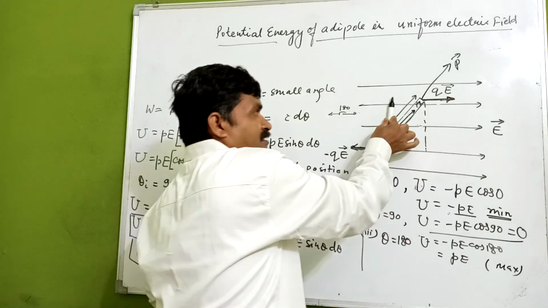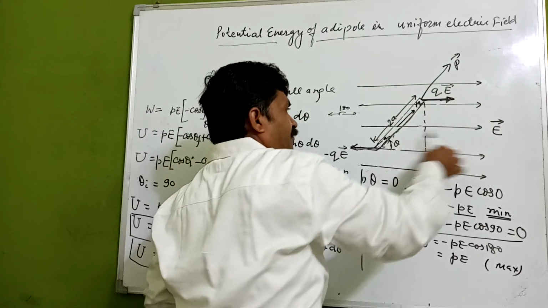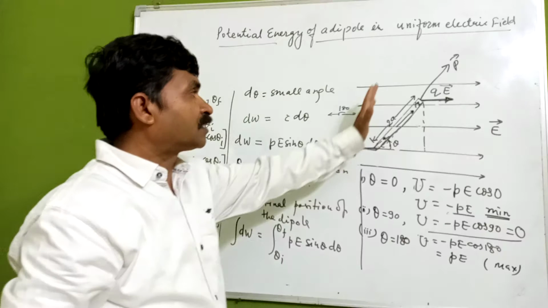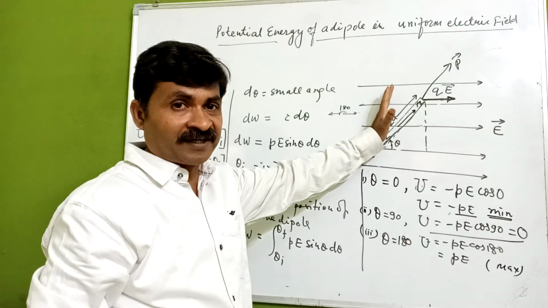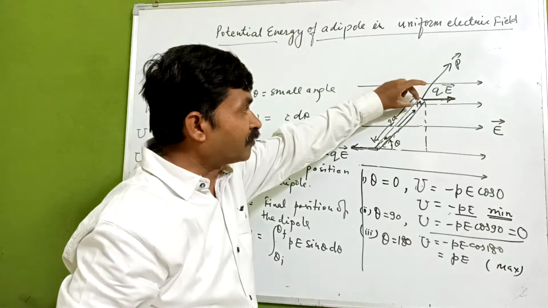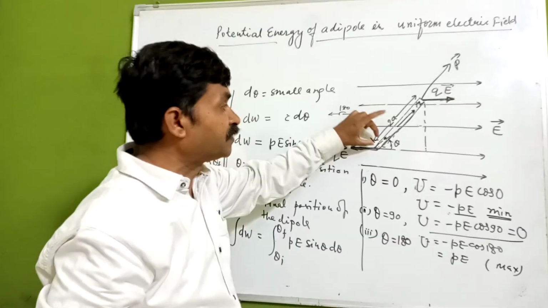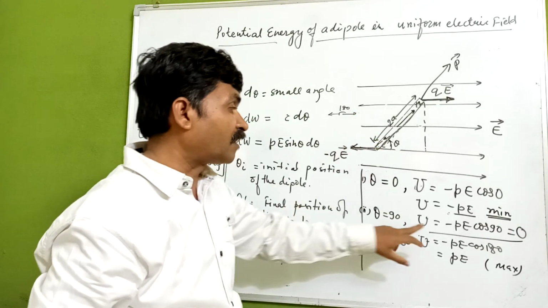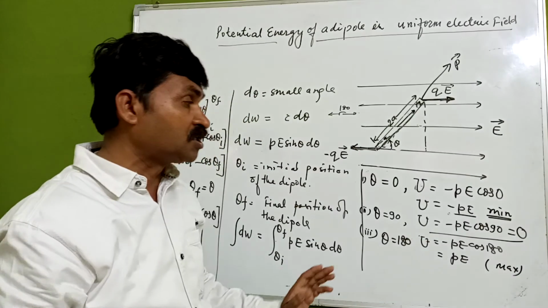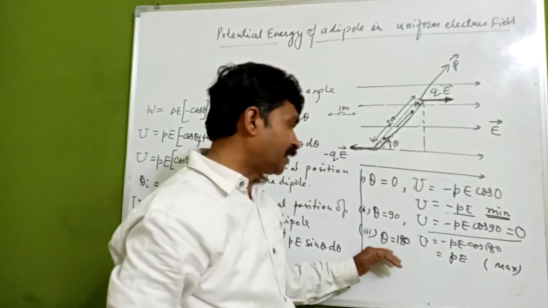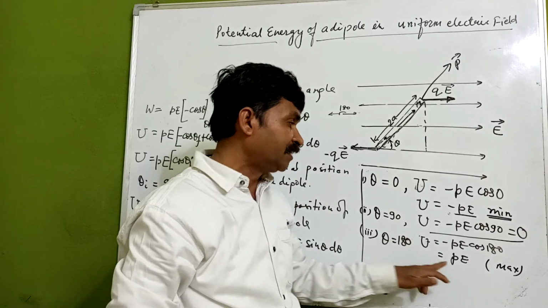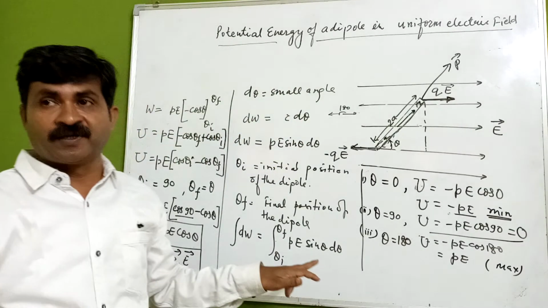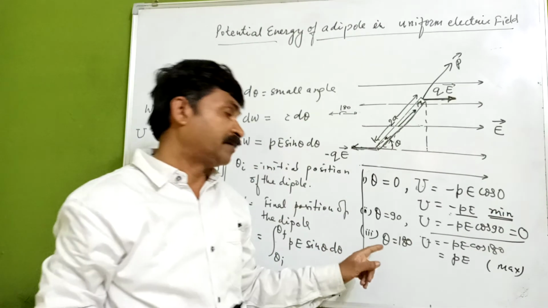The net work done for bringing the positive charge and the negative charge is going to be equal to 0. That's why the potential energy is going to be 0. And at theta equal to 180 degrees, the potential energy is going to be maximum.